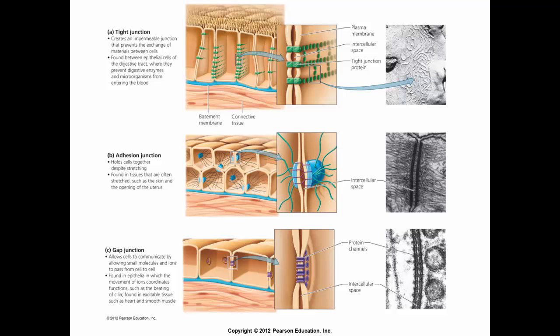The adhesion junction holds cells together despite their stretching, such as that in the skin and the opening of the uterus. So it has those intracellular filaments. The gap junctions are those that we talked about that are found in excitable tissues such as the heart, allowing cells to communicate by allowing small ions to pass from cell to cell.